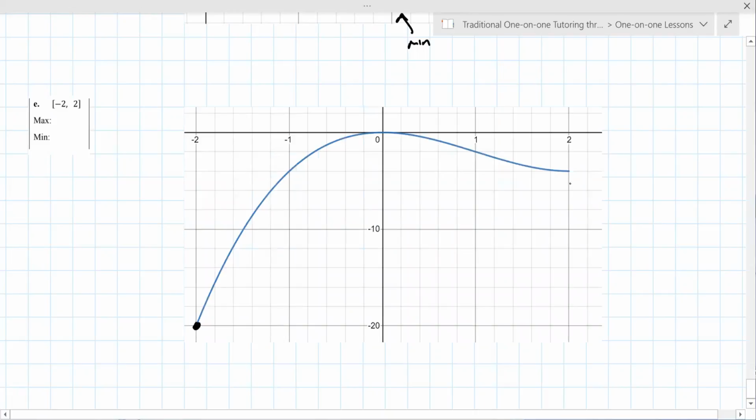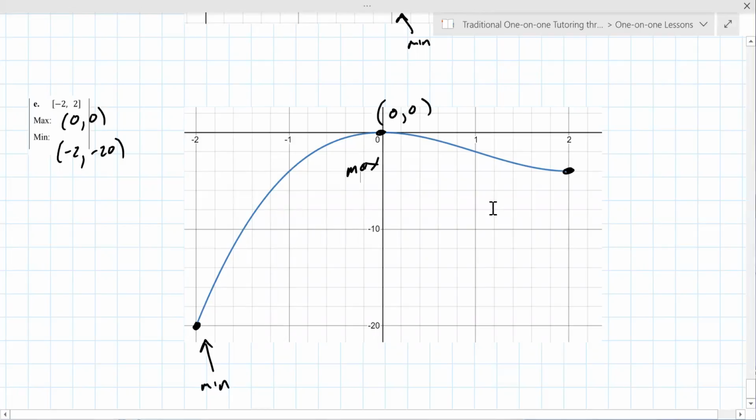These are filled in, so this is truly your min, at -2, -20. Your max though, well, it's right there. The point of this exercise is that the max could be at the endpoints, the min could be at the endpoints, or it could be at the critical points. So your max is actually right there at 0, 0.